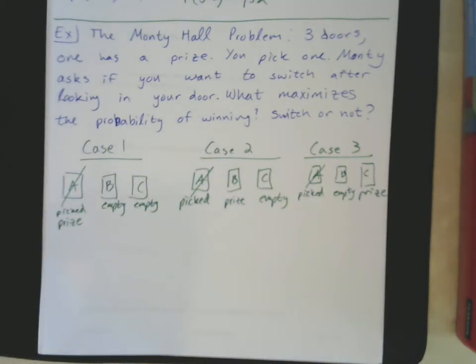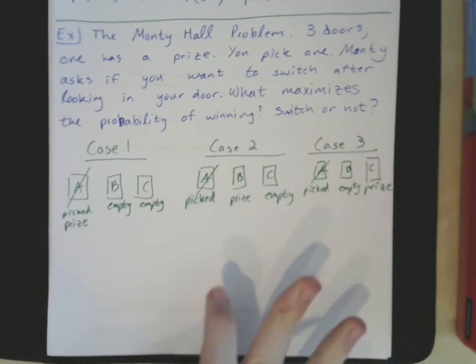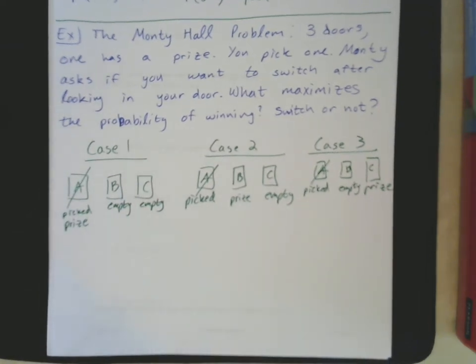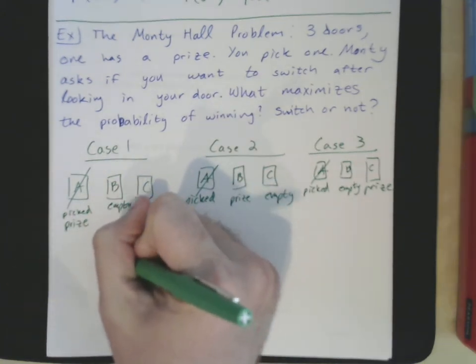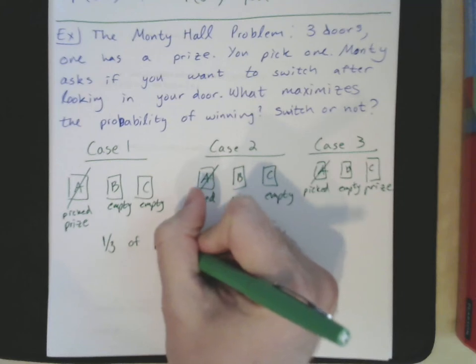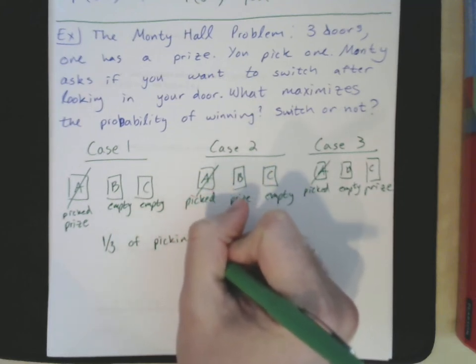So what we want to be thinking about for probabilities is, what is the likelihood that we have selected the right door? Well, we know we have a 1 in 3 chance of picking the prize.